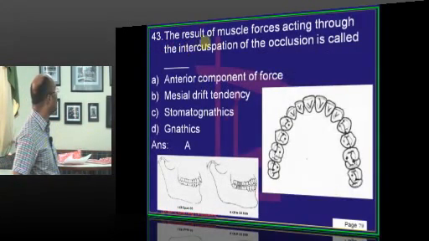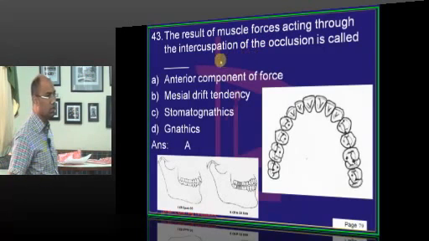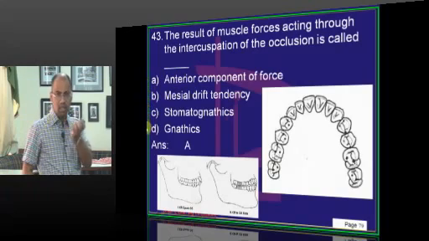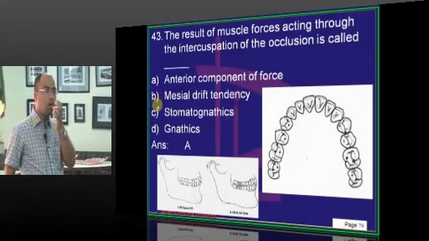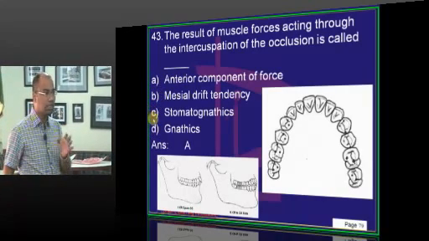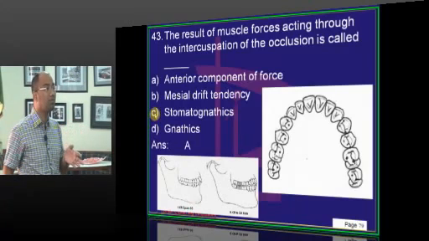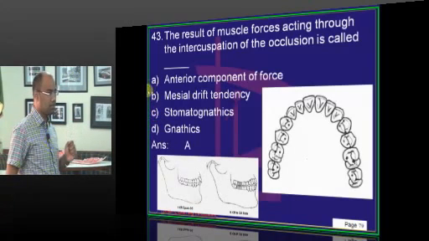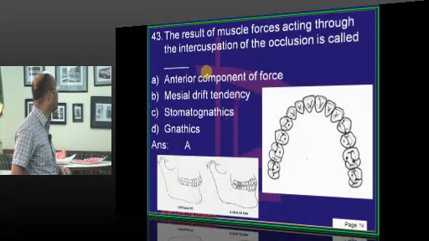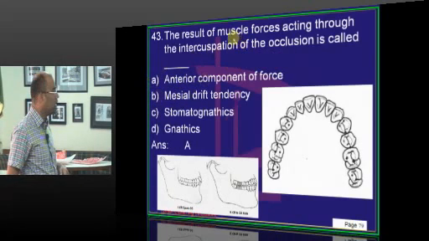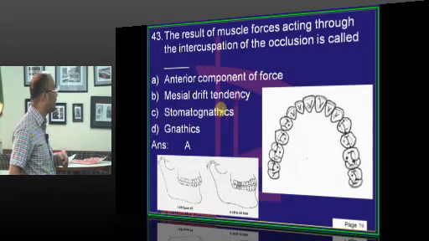What is the result of the muscle forces acting through the intercuspation of occlusion? Even when the teeth are intercuspated, or when all the teeth are aligned properly, still they have some mesial component of force. What is that force? That is called the anterior component of force. Don't confuse it with mesial drift tendency.